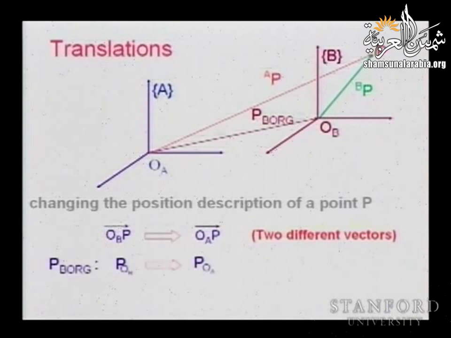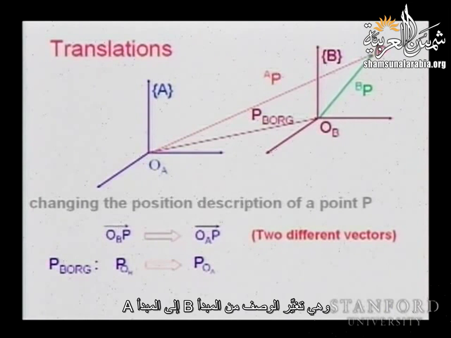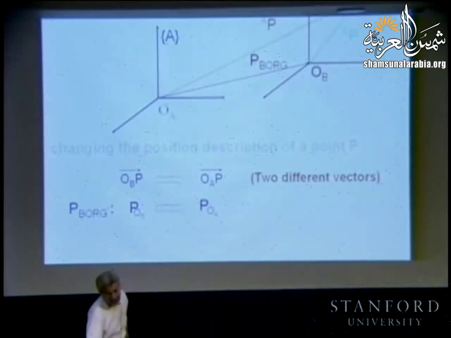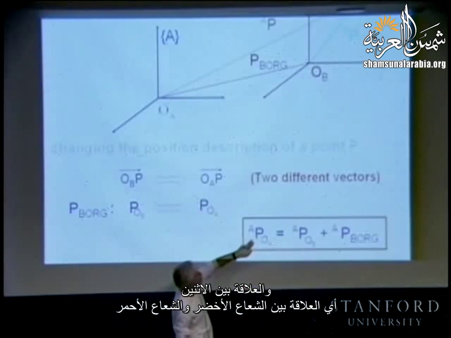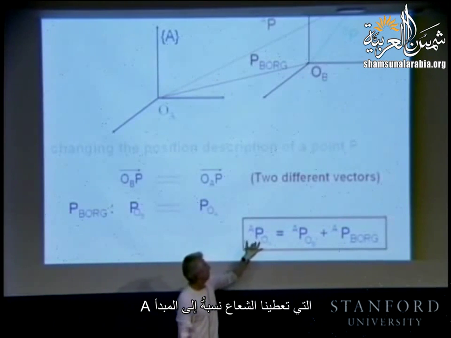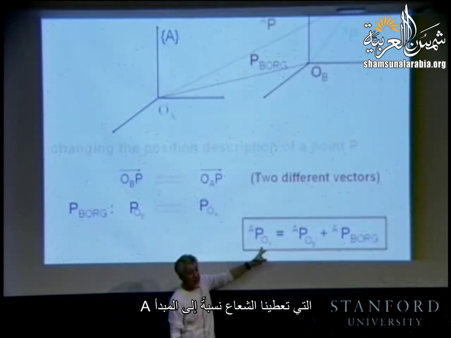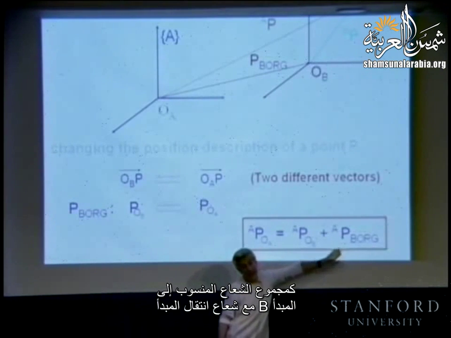So this operation that involves a translation of a vector P defining this origin of the frame B is changing the description from origin B to origin A. And the relationship between the two, that is the relationship between the green vector and the red vector, is essentially this relation that is giving us the vector with respect to origin A as the sum of the vector with respect to origin B and the translation of the origin.